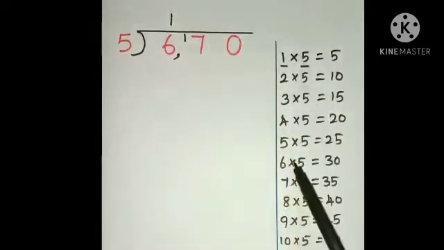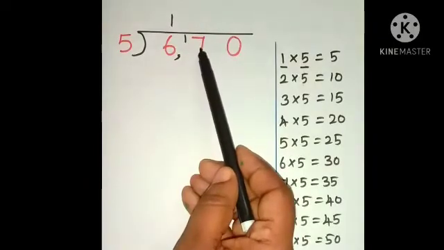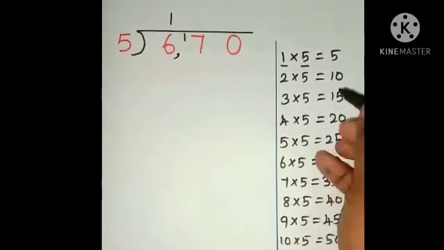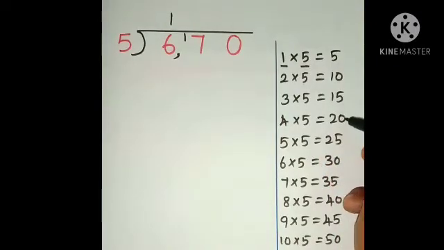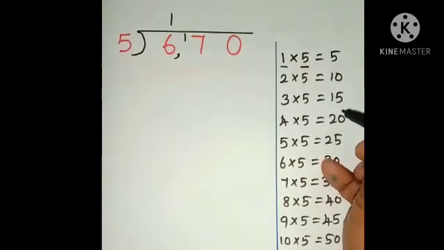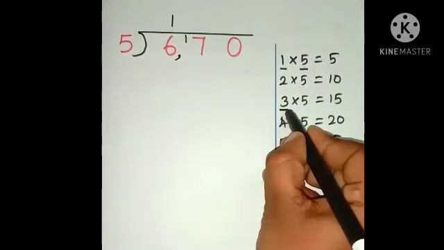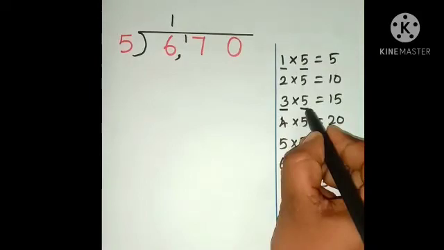Now see the table. Where does the number 17 lie? Yes, it lies between 15 and 20. Here we have to take the smaller value, that is 15. That is 3 into 5 is equal to 15. Here 3 is the quotient and 5 is the divisor.